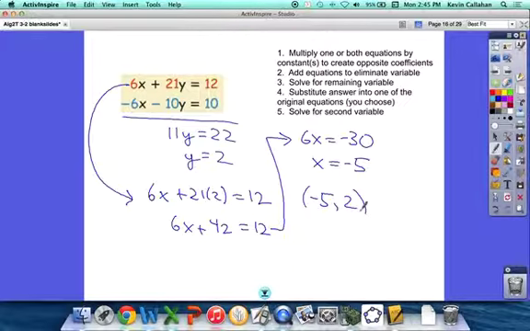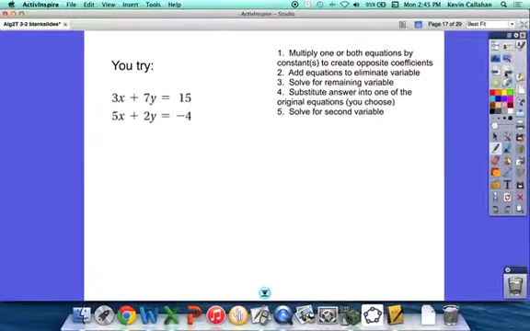So again, when you get to this step here, you can choose one of these two, or you can choose one of the equations before you multiply. You get the same answer in any case. Well, hopefully you do.